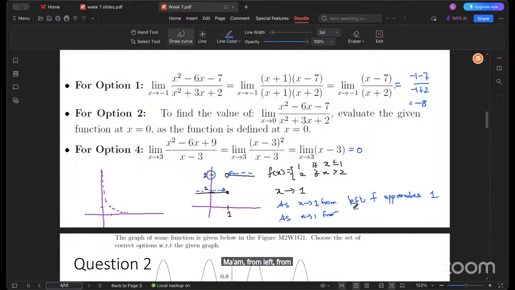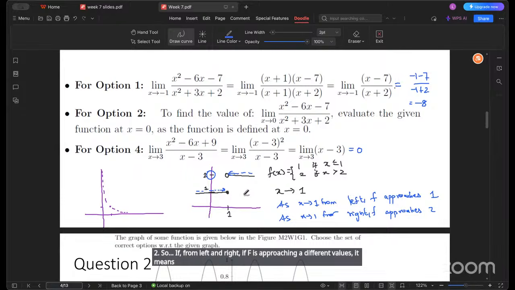So from the left, f approaches 2, and from the right, f approaches 1. If from left and right, f is approaching different values, it means they are not approaching the same value. So in this case also, we can say the limit does not exist.